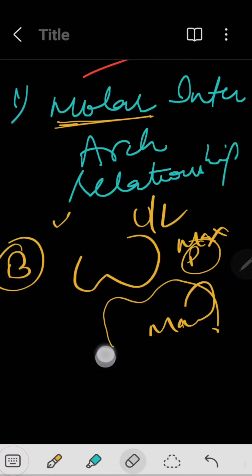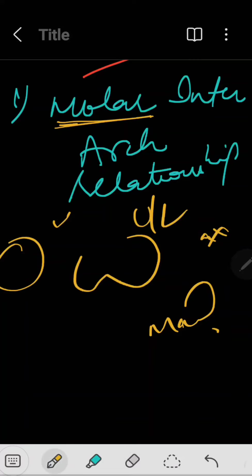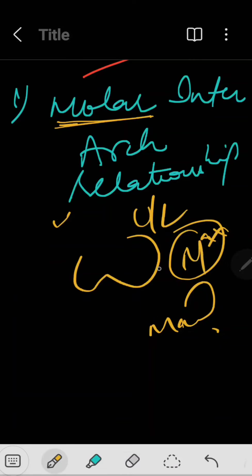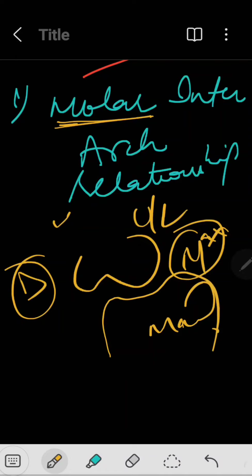Okay, let me rectify the diagram for you so that it's easy for you to learn how it has to be. Consider this to be the buccal side and another one to be the palatal side. Another one, not buccal or palatal: consider it to be the mesial side and this one to be the distal side. That would be easy for you to imagine and understand.